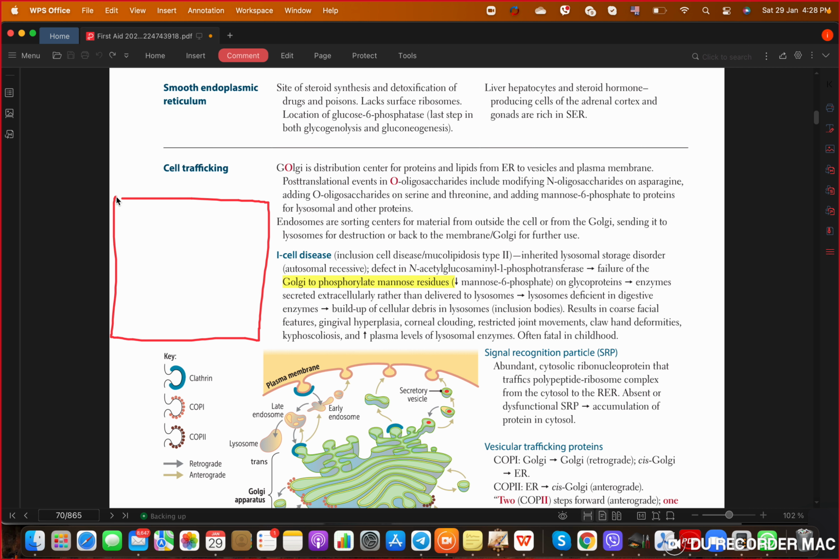If we have a cell, and here we have a nucleus, here we have rough endoplasmic reticulum, and here we have Golgi apparatus. Right. Okay, and here we have lysosome. Okay. So the enzymes inside of the lysosome, where do they come from? That I don't know.